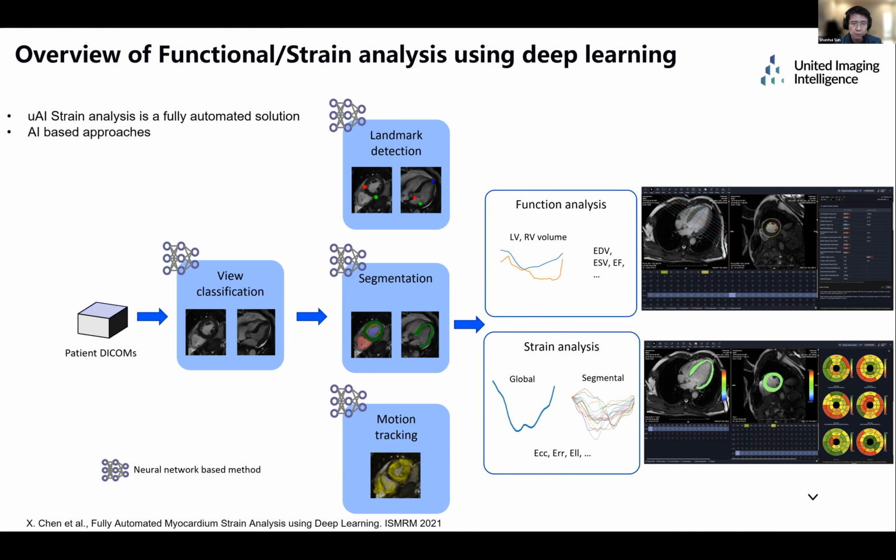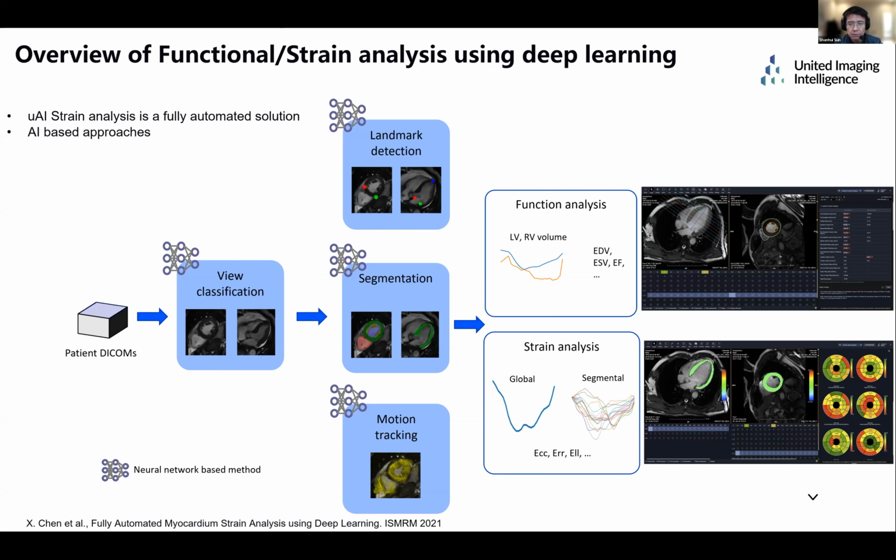In the next step, we use a neural network to do the segmentation, segmenting the short axis and long axis views. We get the myocardium segmentation, the papillary muscle segmentation, the left ventricle blood pool, the right ventricle, and so forth. Based on the segmentation, we perform the analysis on the entire heart and also cover all the frames.